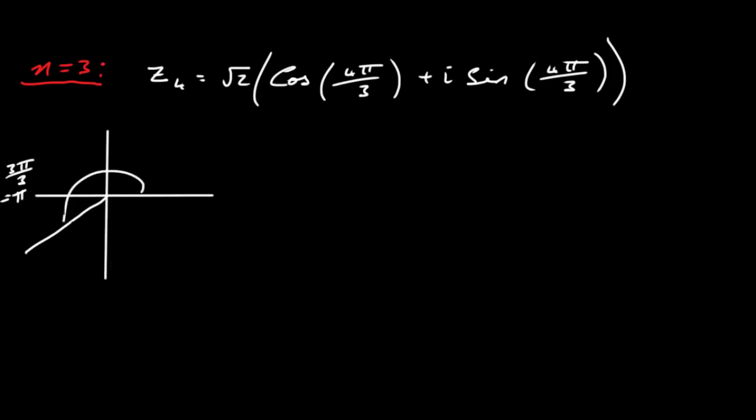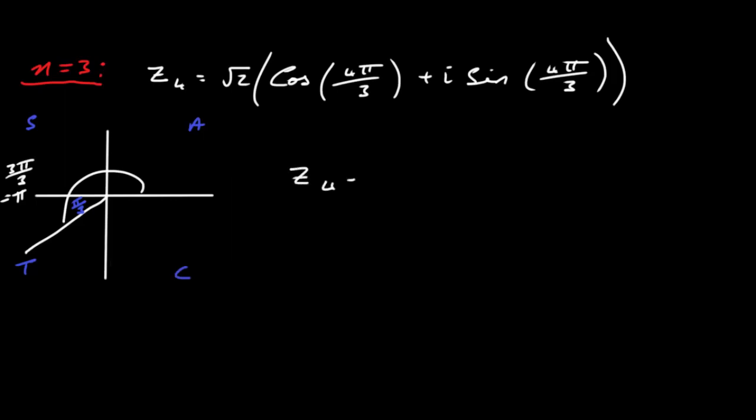Now our reference angle here is just going to be pi over 3. Remember, we have 3 pi over 3 out to here, and then we want another one. 4 pi over 3 will bring us down as far as here. So we want to find the cos and the sine of our reference angle, and then work out whether it's positive or negative. ASTC.